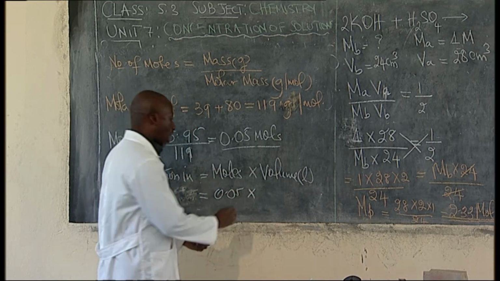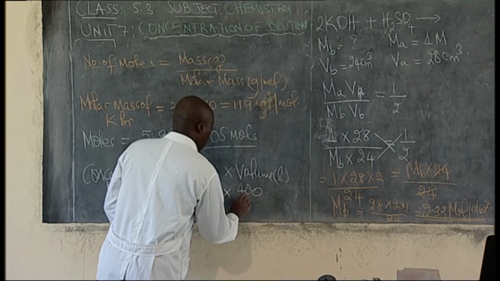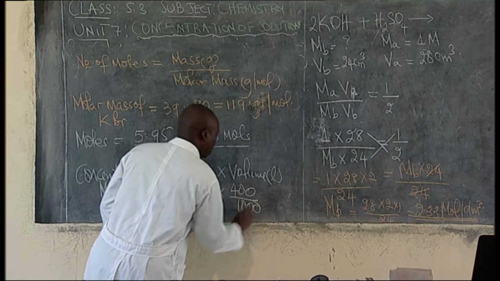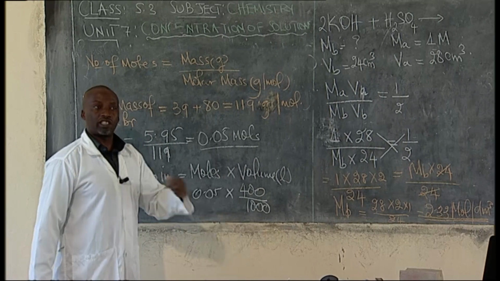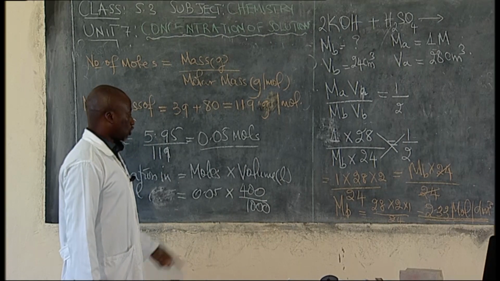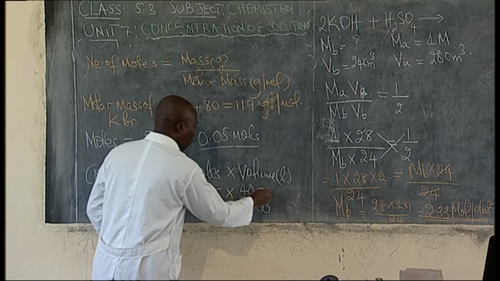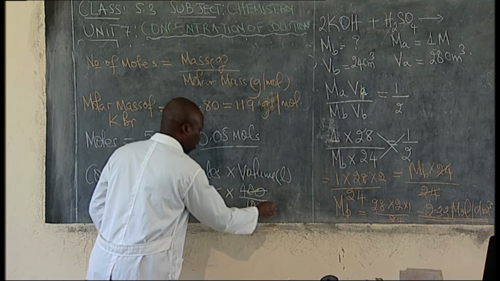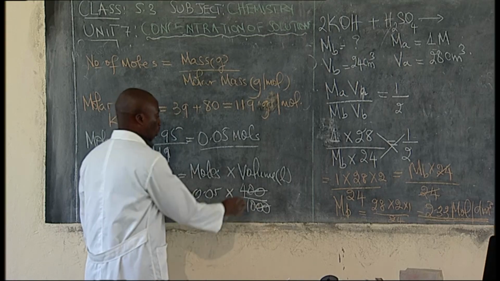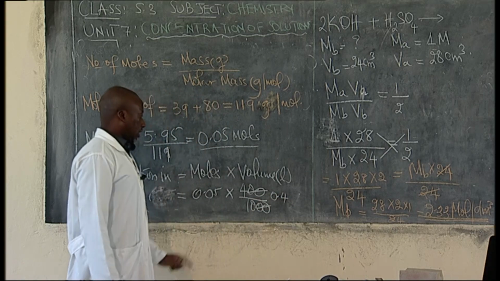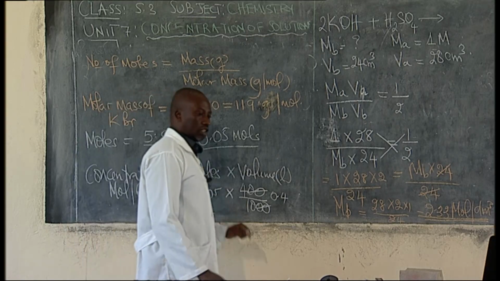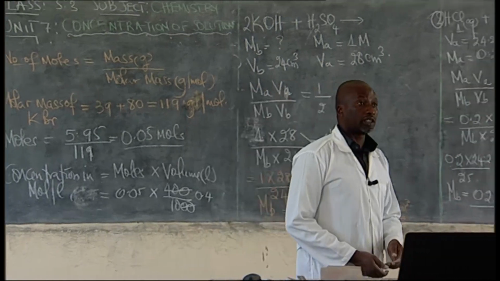The volume is 400 over 1,000. Why do we divide by 1,000? To put it in liters. So that is 0.4. 0.05 divided by 0.4, the calculator again.